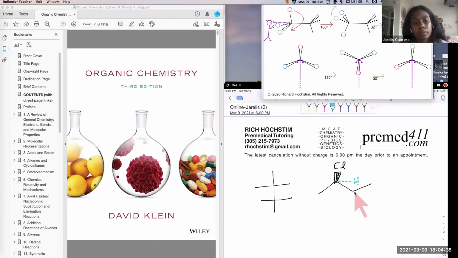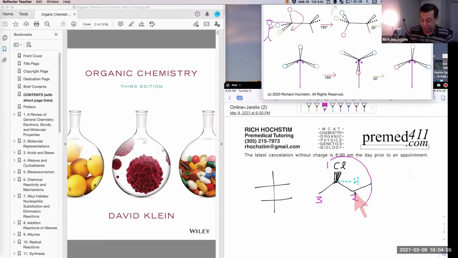Do you agree that I am correctly numbering the three groups attached to this carbon? 1, 2, 3. Yeah. And do you agree that this is going to be R? Yes.